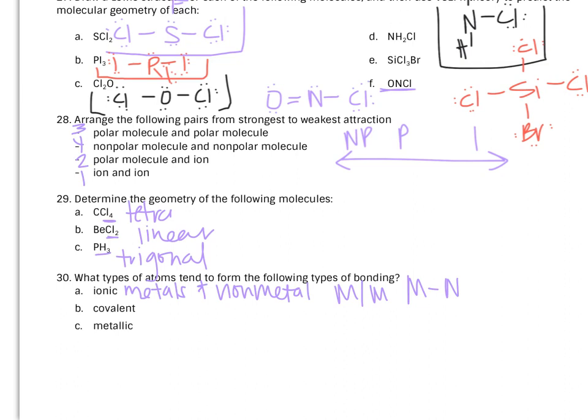With covalent, those are going to be formed by non-metals only. And then metallic bonds, obviously, are from metals only. Make sure you have those understood.